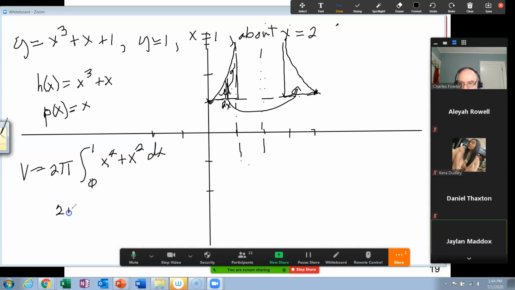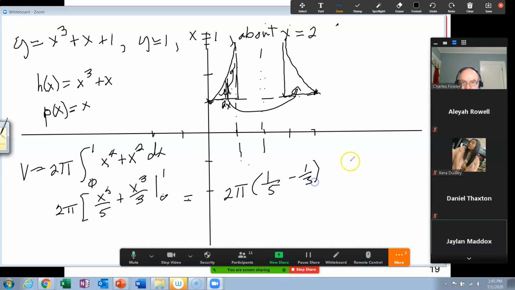So that would be 2 pi times the antiderivative of x to the 4th, which is x to the 5th over 5, plus x cubed over 3, evaluated from 0 to 1. That's not too hard to evaluate. That'd be 2 pi times 1/5 minus 1/3.